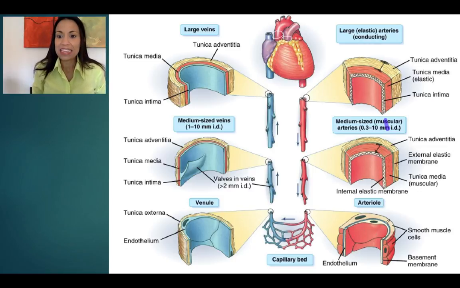And then the arterioles, which are branches of the muscular arteries, are even smaller. They have the endothelium, maybe one or two layers of smooth muscle tissue, and a thin layer of tunica externa. Following that, remember that we have the capillaries.